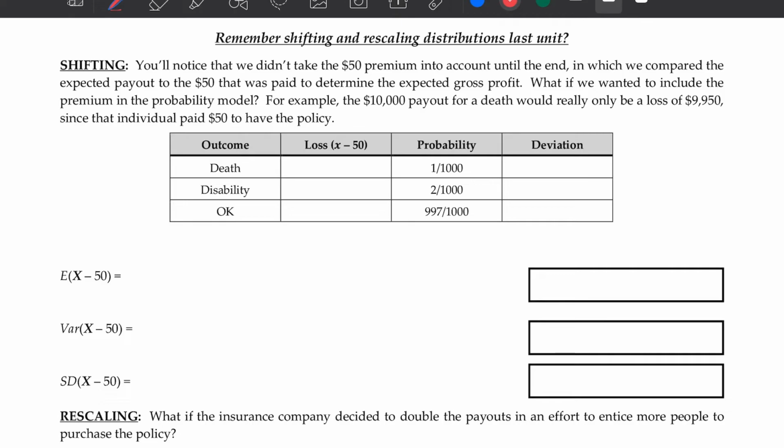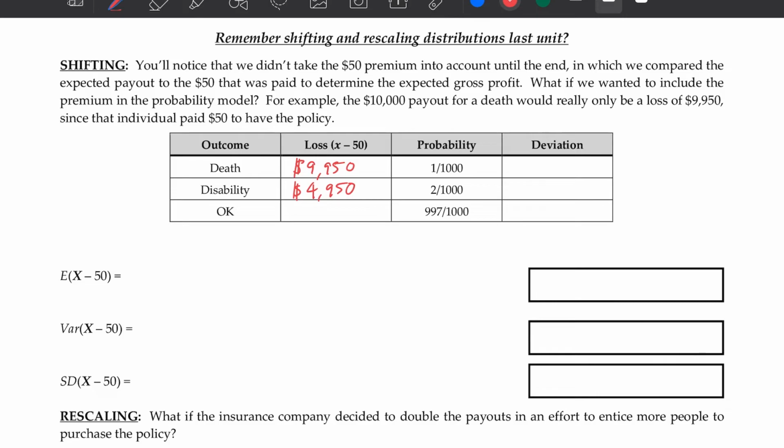If we're dealing with somebody who died, yes, we have to pay them $10,000, but we already got $50 back from them. That means actually the only payout we have is $9,950. Disability, it's a $5,000 payout, but we got $50 from them. So that's going to be $4,950.